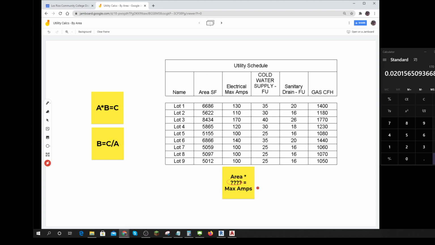So this equals max amps divided by the area. Let's see if when I do that, I get the same number every time. So that's going to be my max amps. I'm going to come over here. It's going to be 130 divided by the area, 6686. 0.019.